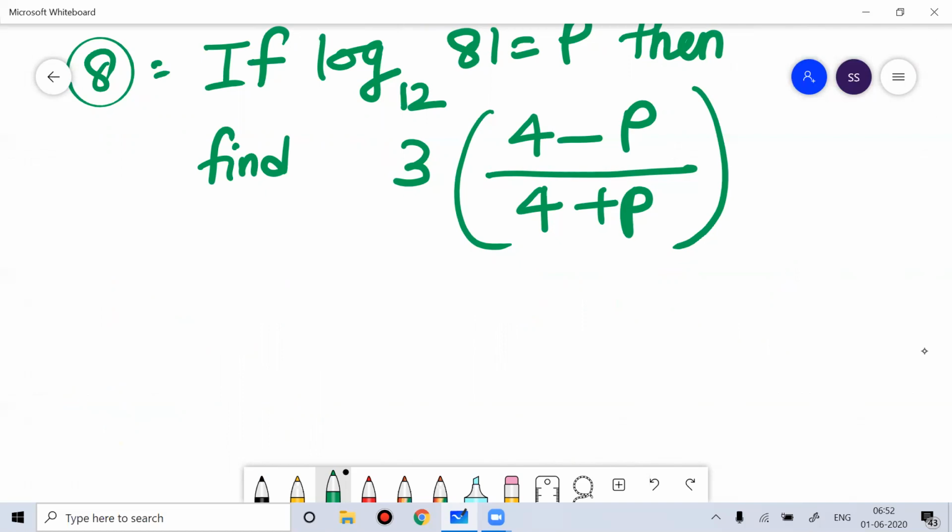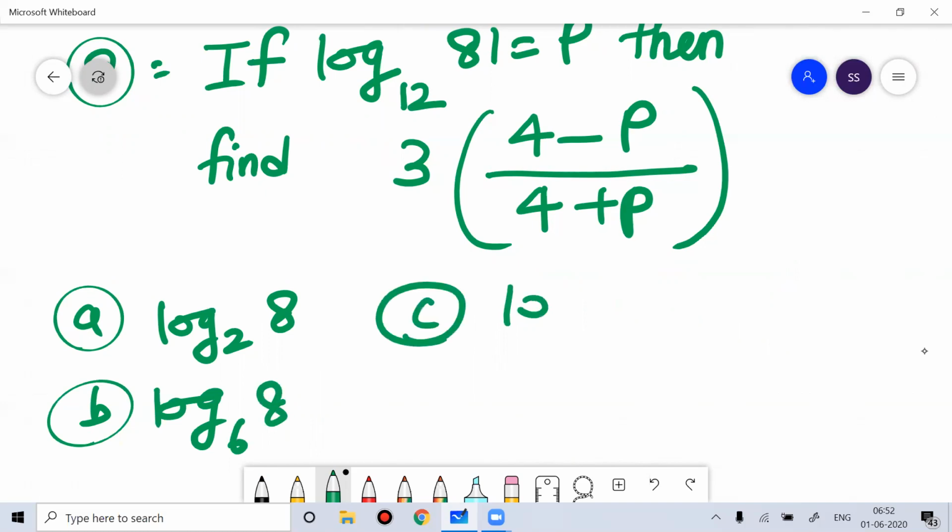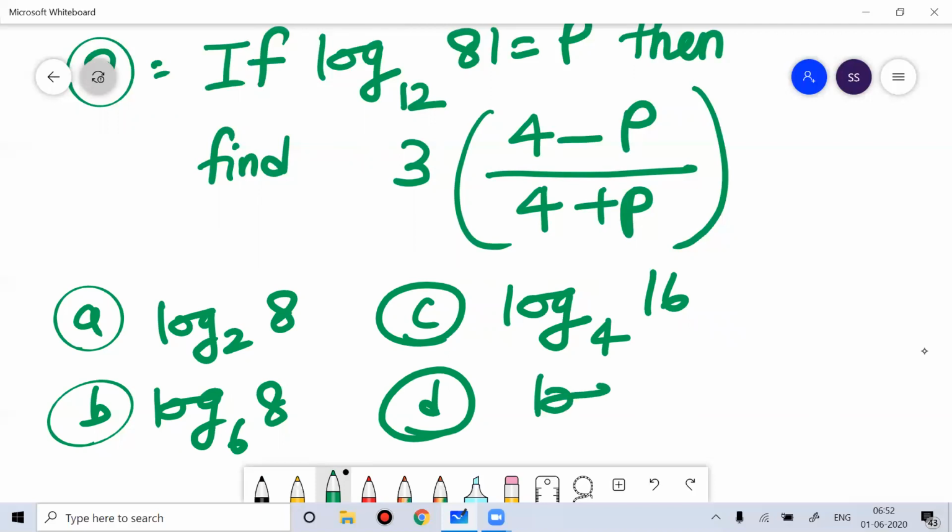For this, your options are option A, log base 2 of 8; option B, log base 6 of 8; option C, log base 4 of 16; option D, log base 6 of 16.